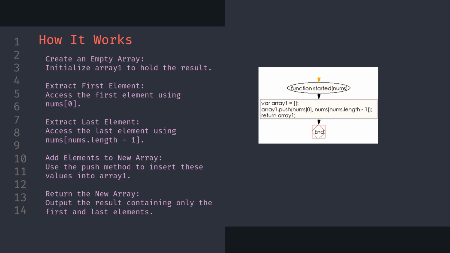Using nums[nums.length - 1], we access the last element of the array, regardless of its length. Then, we add elements to the new array. We use the push method to add these two elements to array1. Also, return the new array. Finally, we return the new array containing the first and last elements. By following these steps, we ensure that our function works correctly and efficiently.